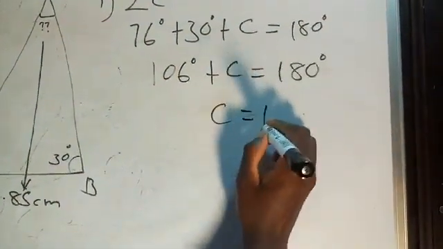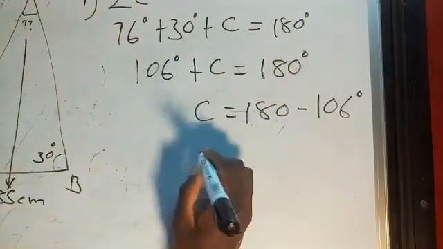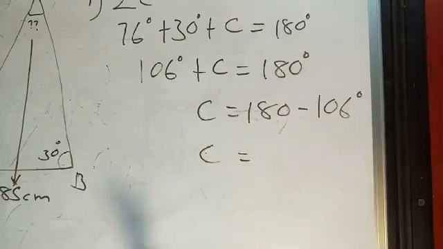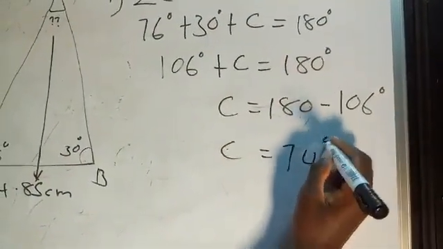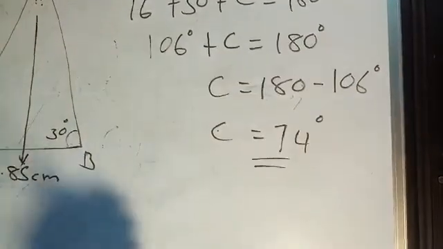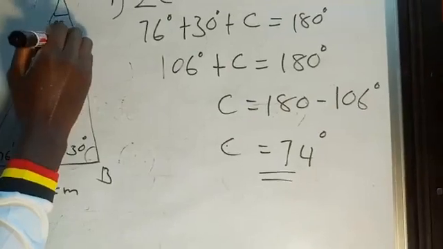C equals 180 minus 106 degrees. C equals 74 degrees. So our C here is 74 degrees.